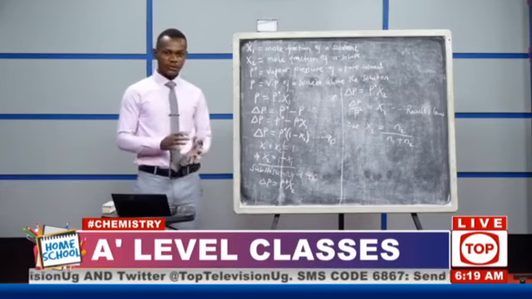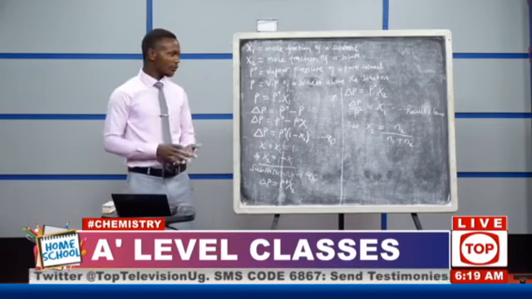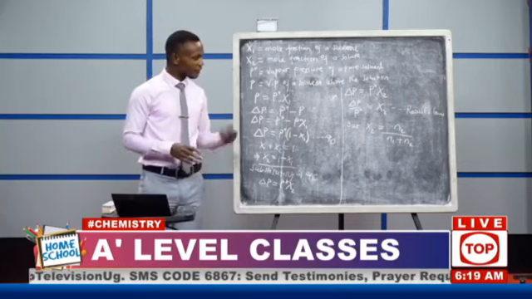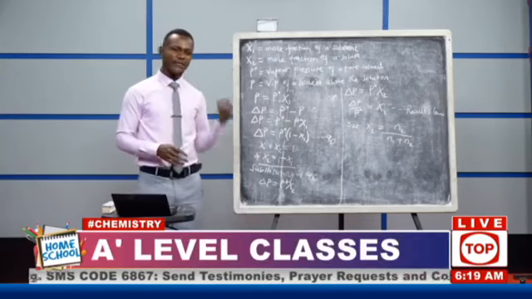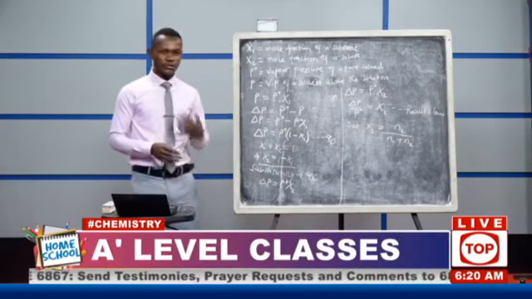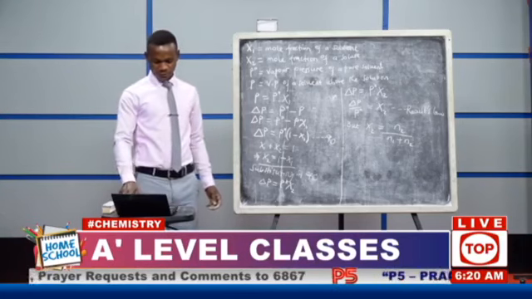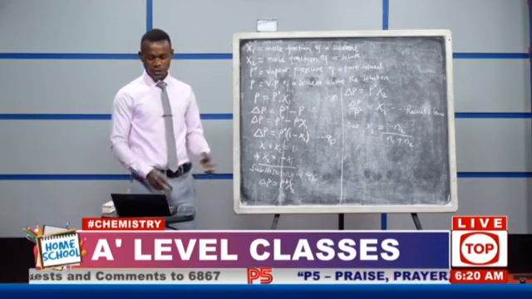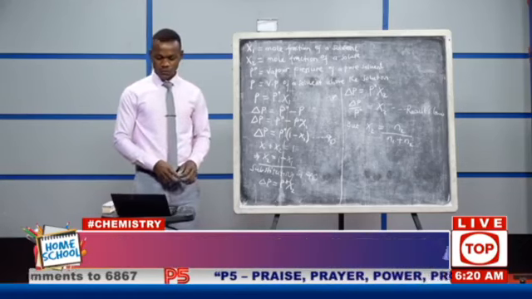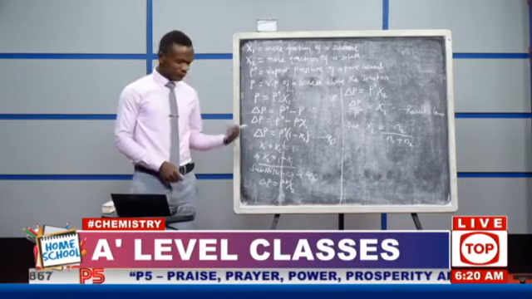So normally we put too much solvent, and the solute is very little. That means even the number of moles of the solute will be very, very small as compared to the number of moles of the solvent.